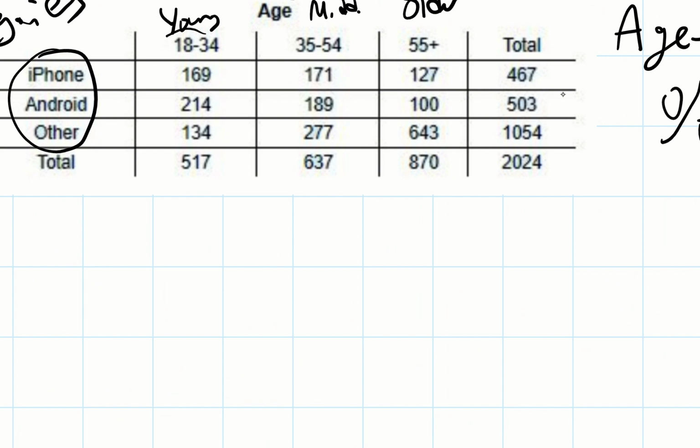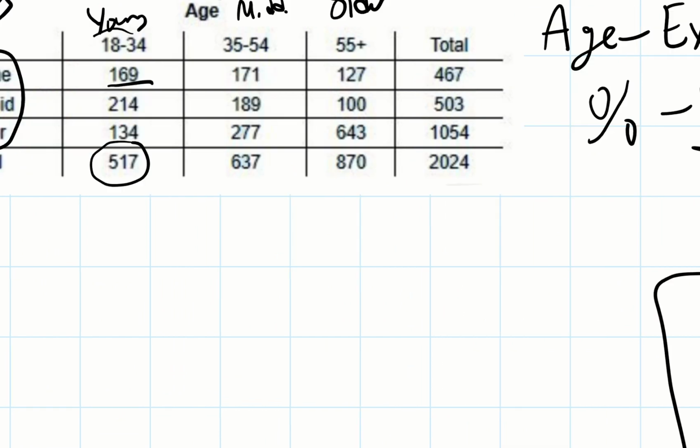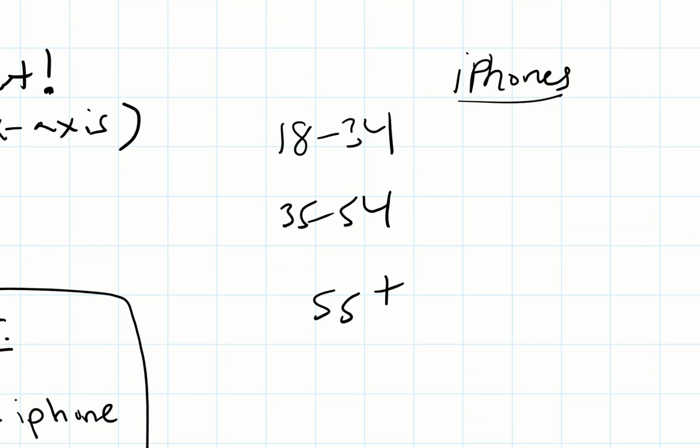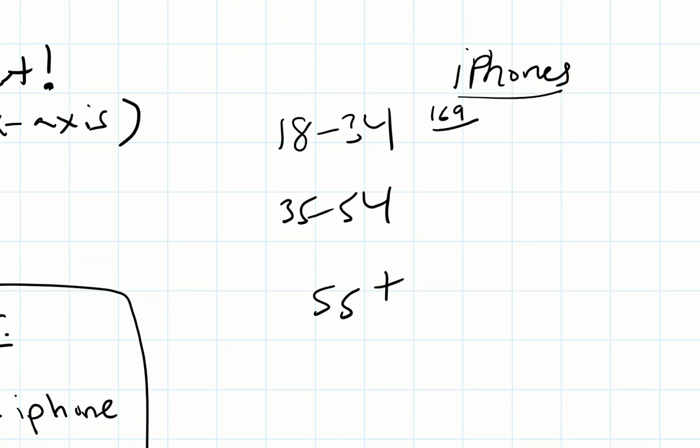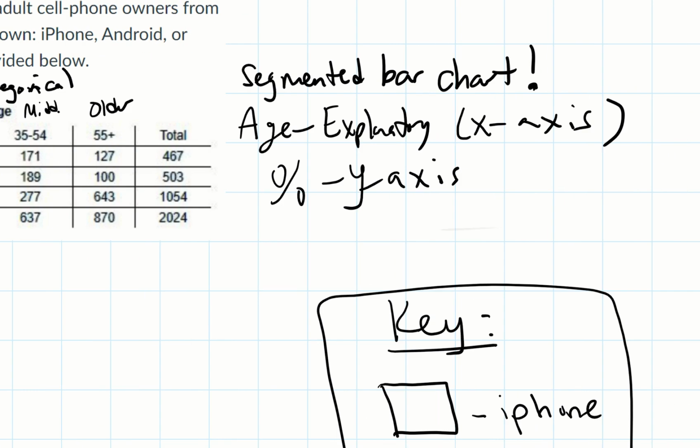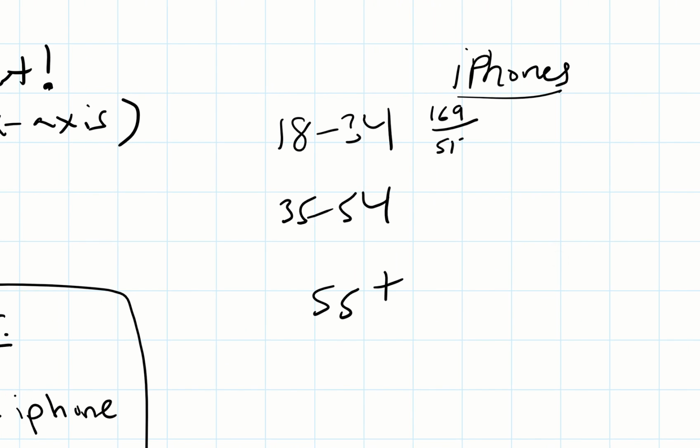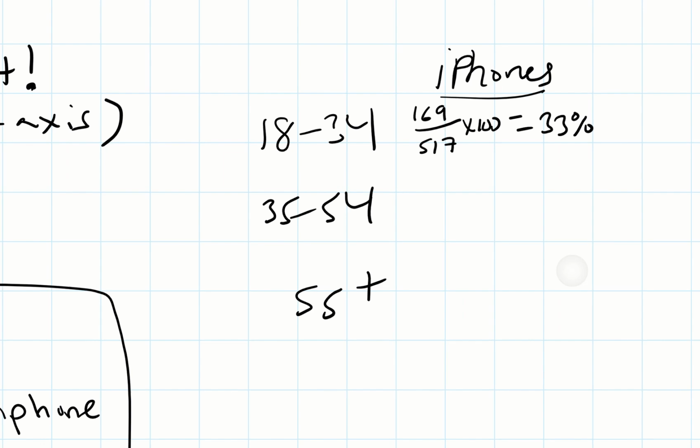You have a total of 517 people in that category, 169 of which use iPhones. So 169 out of a total of 517 people in that group, times 100, will give you the percent of iPhone users in that age group. This is about 33%. We're just going to round it to the nearest percent.